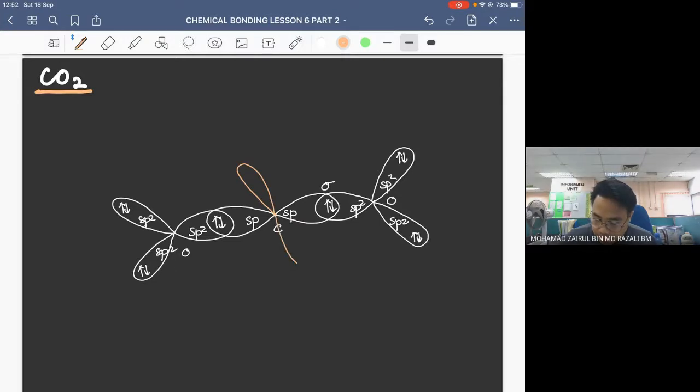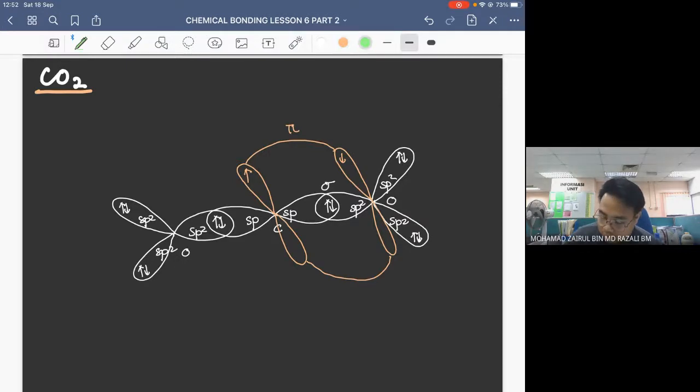Okay, ingat pi bond tu mesti parallel dia mesti same orientation. So, kalau orientation menegak, satu menegak, satu lagi tu pun mesti menegak. Kalau satu sengit, satu lagi tu pun mesti sengit. So, ni kalau saya dah lukis satu sengit, satu lagi tu pun mesti sengit. Okay. So, ini ada elektron. Okay, ini adalah pi bond antara karbon dengan oksigen yang dekat belah kanan.